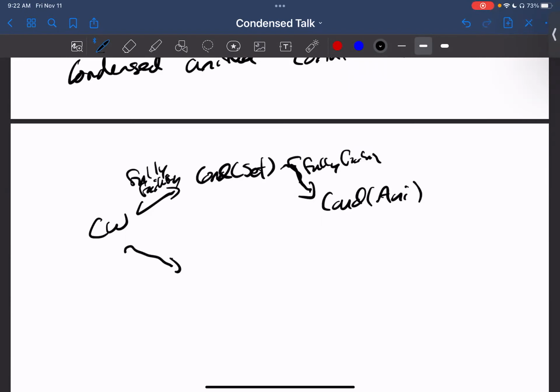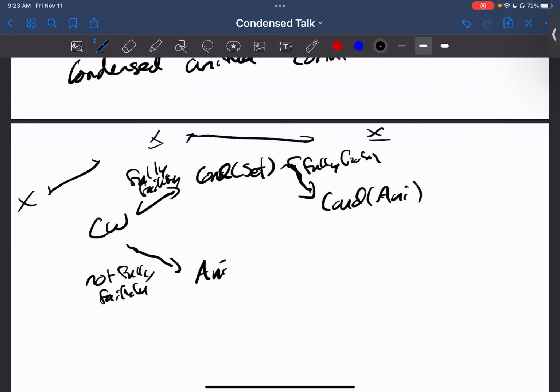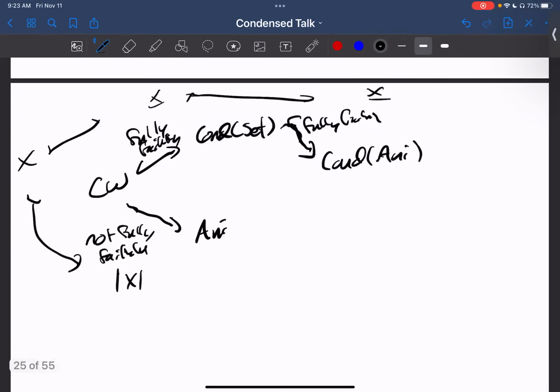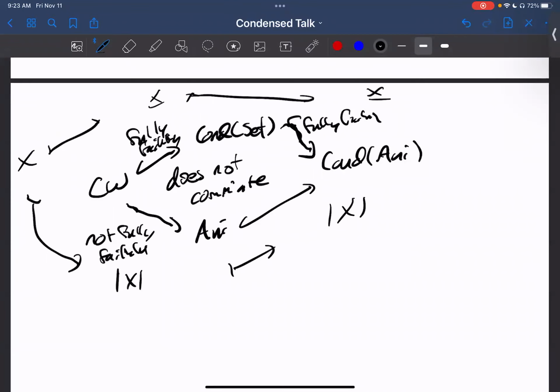Here you have some functor which is not fully faithful, to anima. This is taking some X to X bar. And when we go this way, we're going to call this X bar over here. Here, X is going over here to what we're going to call the geometric realization of X. And now these embed into condensed sets, but these do not commute.